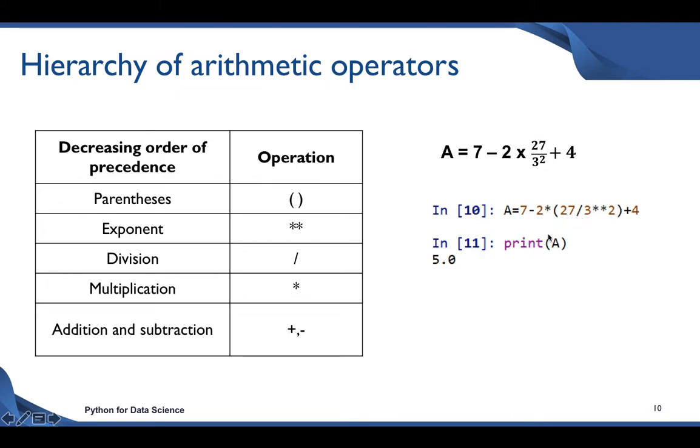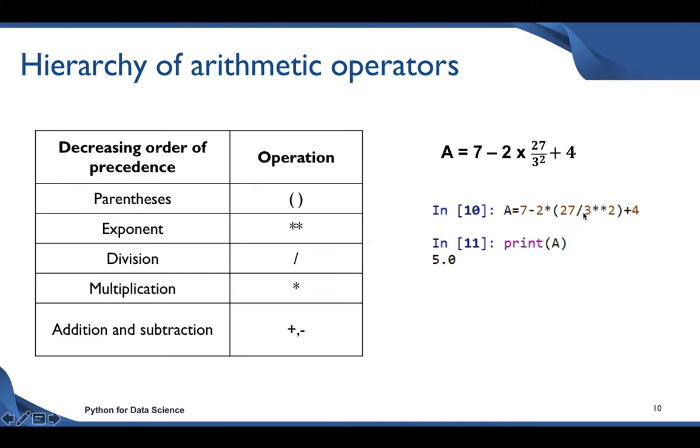You need to first evaluate the exponent, that is 3 raised to power 2. So instead of doing 27 divided by 3, we first calculate 3 raised to power 2, that is 9. So now it becomes 27 divided by 9. After that, we look for what operation needs to be evaluated next, that is division. Now we do 27 divided by 9, that comes out to be 3.